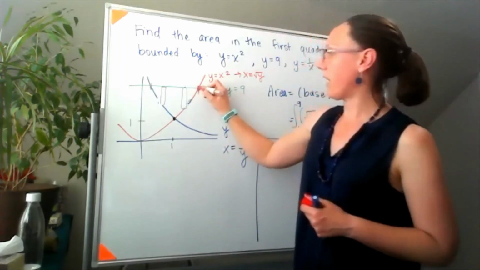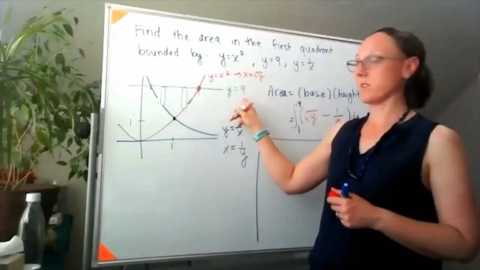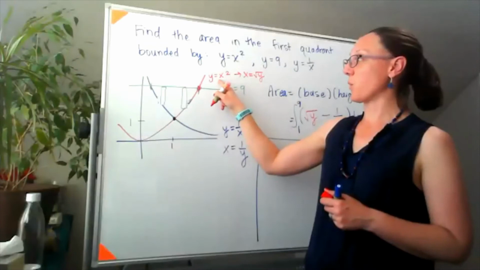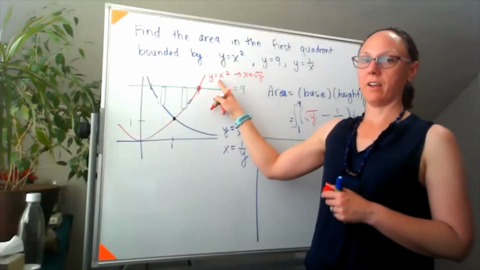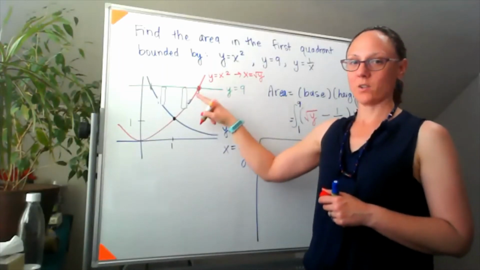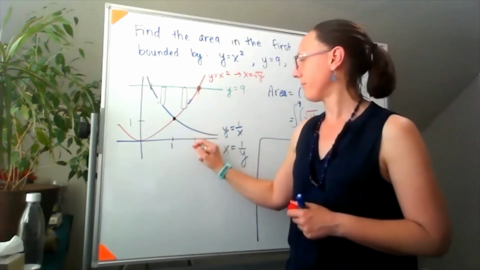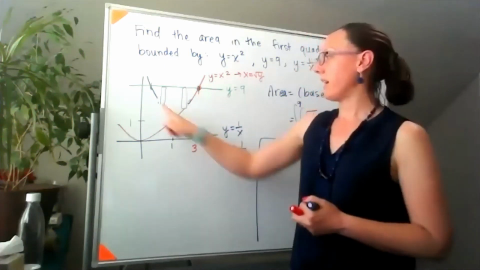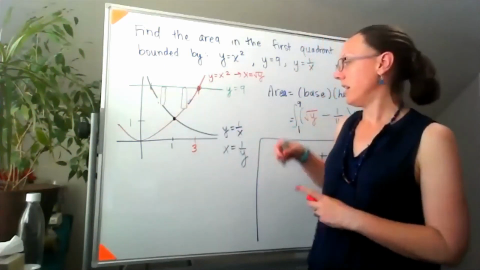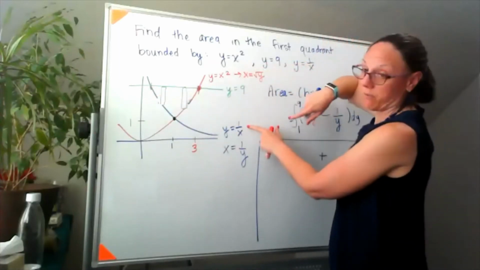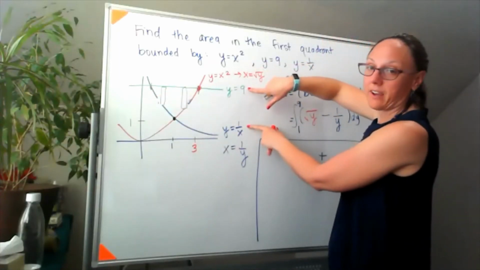This one over here is the intersection of y equals 9 and y equals x squared. We can probably do that in our head. So if I set 9 equal to x squared, this must be 3. And this line over here is the intersection of y equals 1 over x and y equals 9.